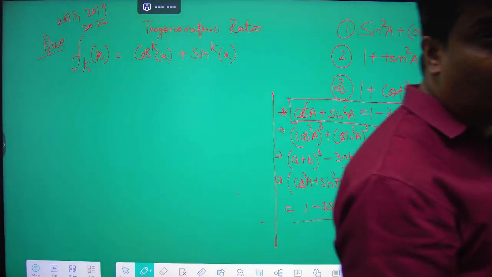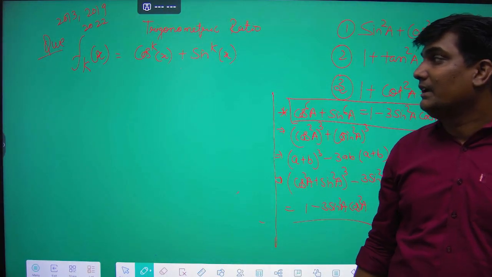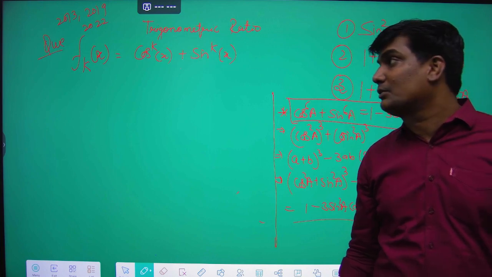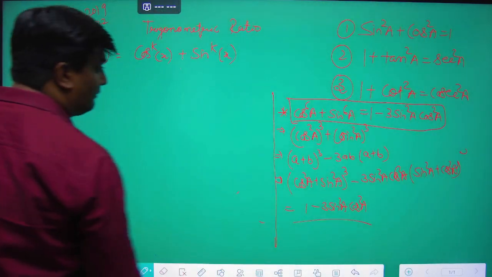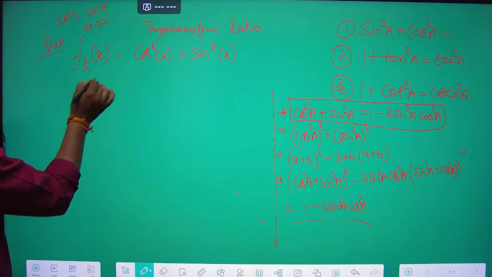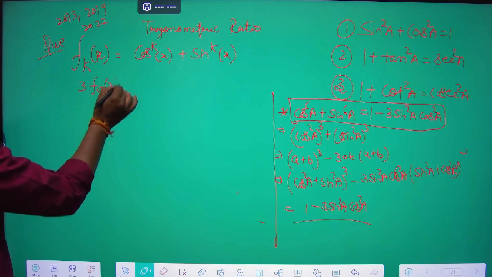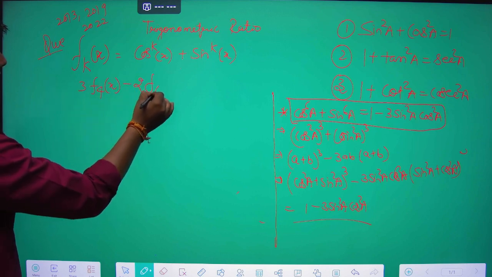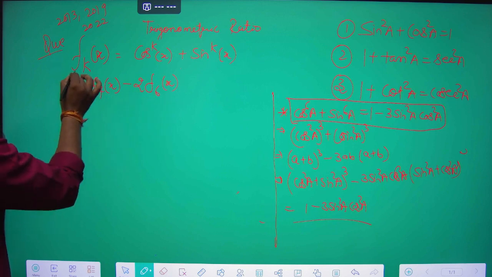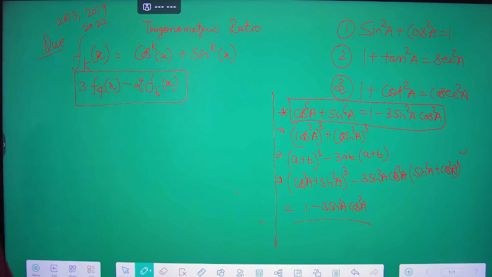So what is the question? f of kx is sine to the power kx plus cos to the power kx. Now find out the value of 3 f4x minus 2 f6x.